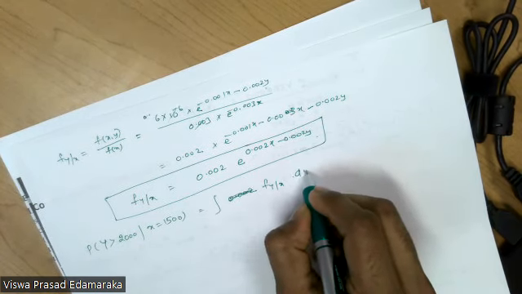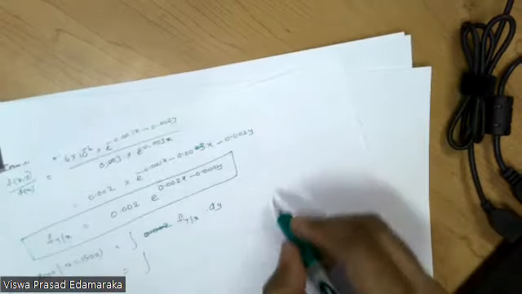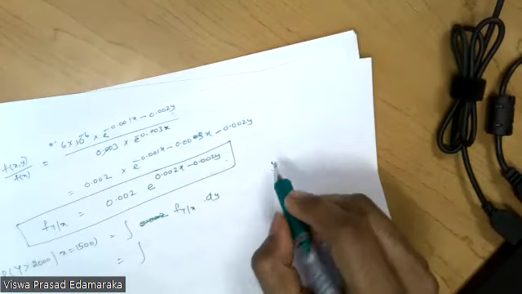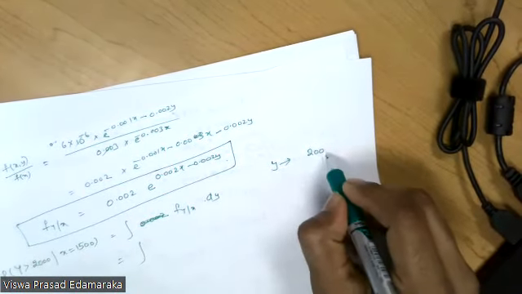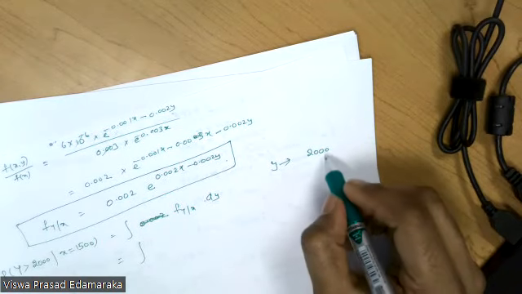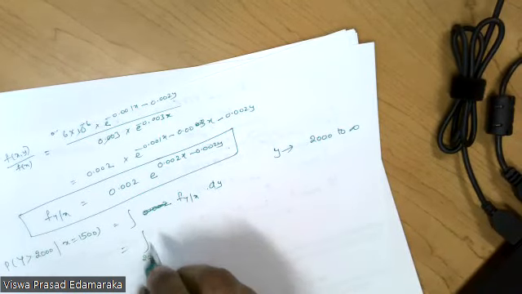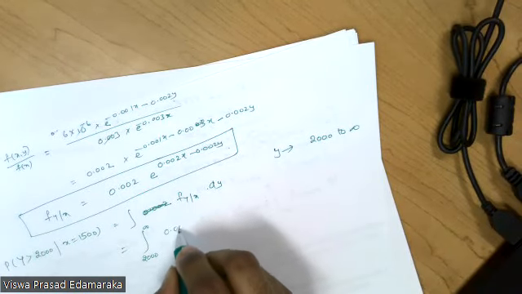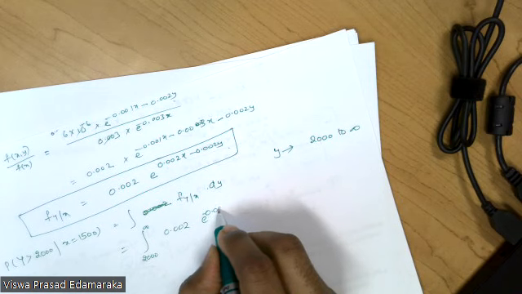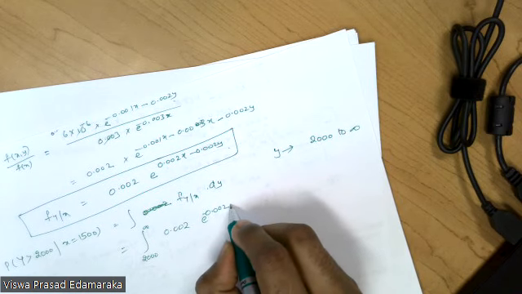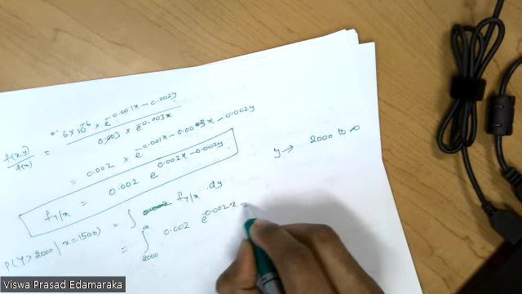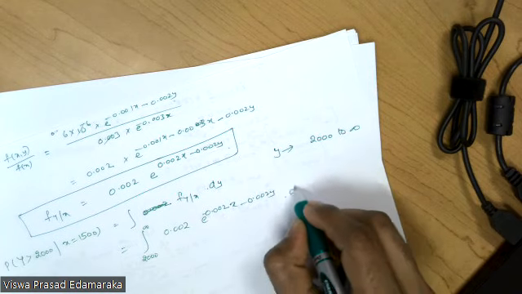I need to find out the limits of y. He has given it exceeds 2000, then it's from 2000 up to infinity. So 2000 up to infinity, 0.002 e power of 0.002x minus 0.002y dy.